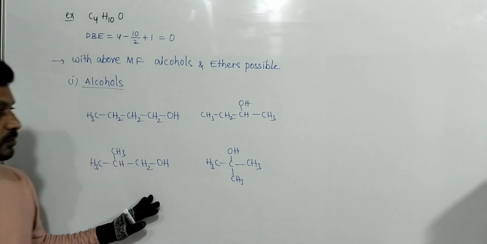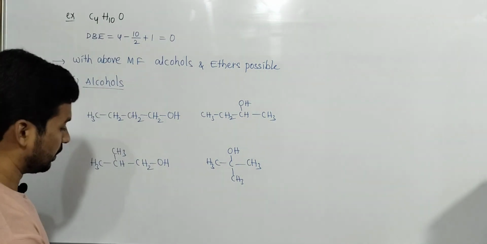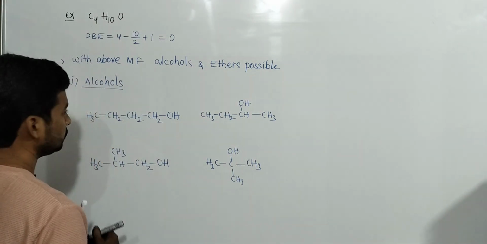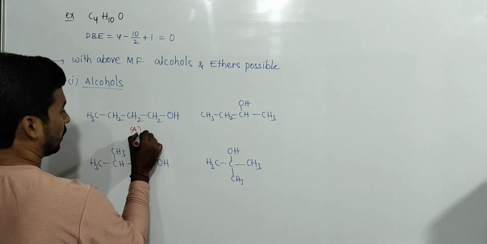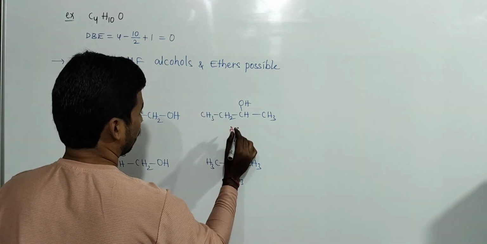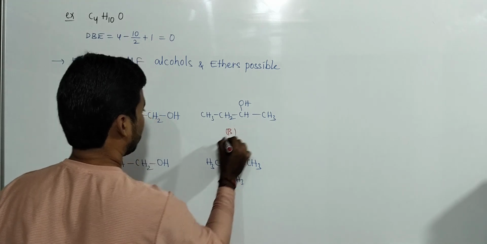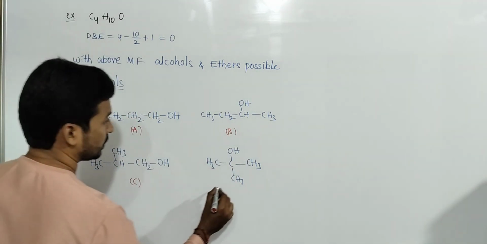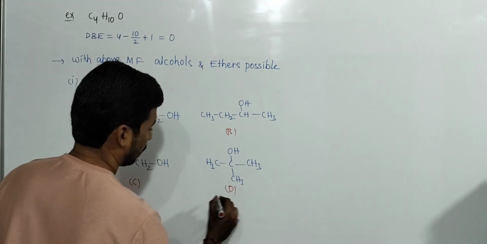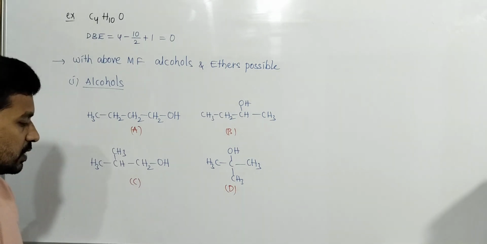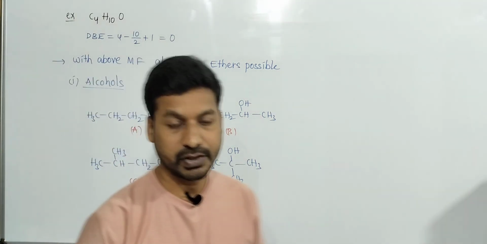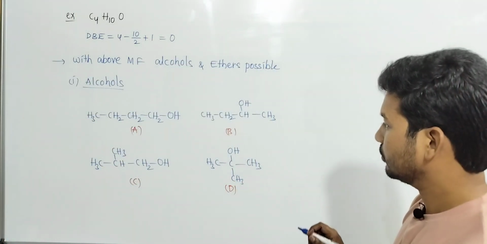Verify the carbon atoms: in all, the number of carbon atoms is 4, hydrogen atoms 10, and 1 oxygen atom only. All these are structural isomers.